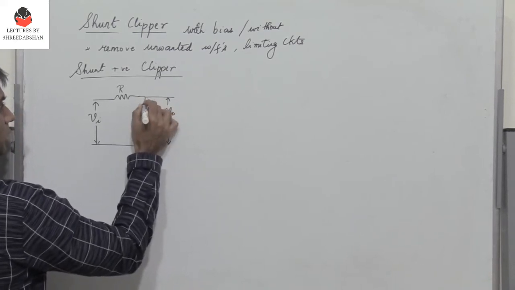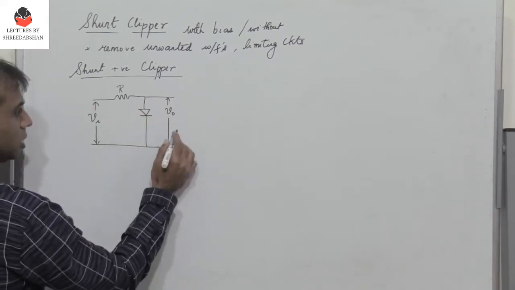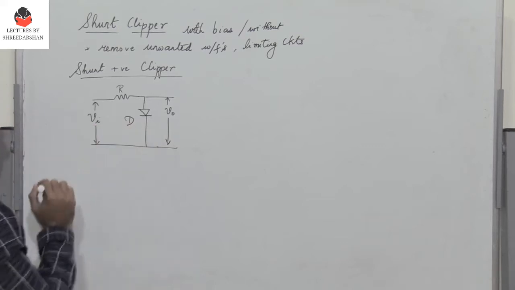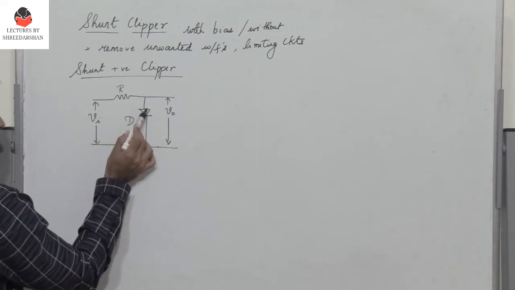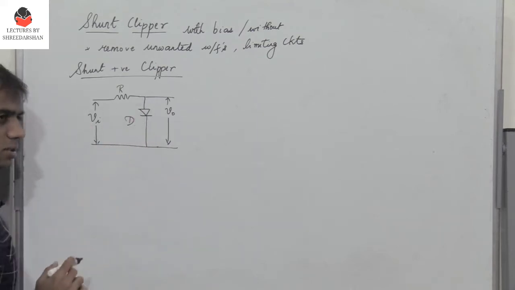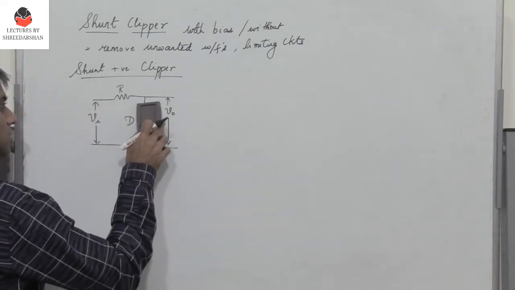So the diode is connected and I have the voltage applied, and I am measuring the output voltage across the diode D. Now it is assumed that the diode is ideal, and hence when the diode is forward biased, the forward resistance is 0. And hence, when the diode is forward biased, what happens?